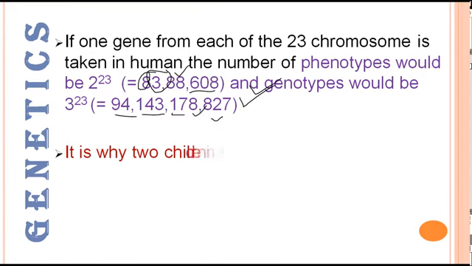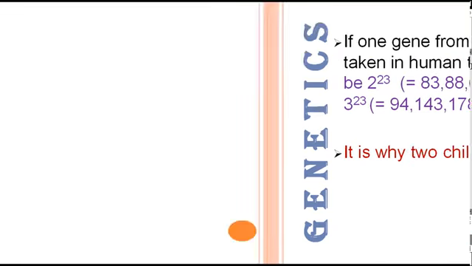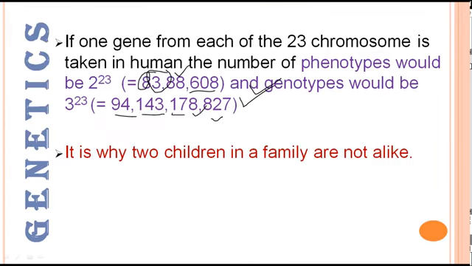Because of such variation, no parent can have 2 children alike, because no one can produce 2 consequent children out of 83 billion types of combinations.